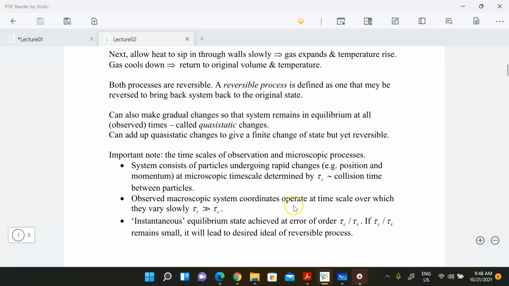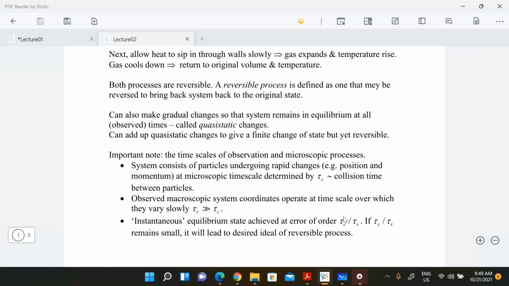In other words, your equilibrium state is making this approximation between what happens at the microscopic scale and what happens at the macroscopic scale.